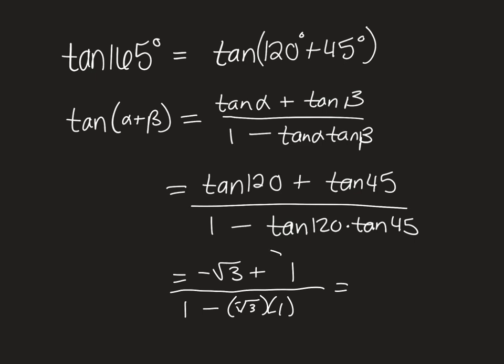I'm going to swap the order of this just because I like to write the square root. So 1 minus the square root of 3 over 1 plus the square root of 3. So, what do we not like to leave in the denominator of fractions? Square roots.